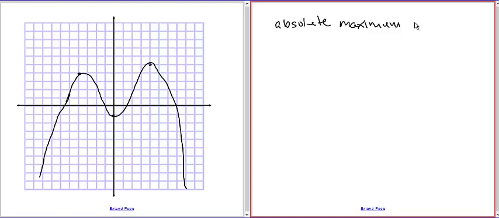The local extrema, local minimum, local maximum, those are coordinate pairs, but for the absolute, we're just going to put a number in. So the absolute are the biggest numbers that the value takes on. So here we have a local maximum, here we have another local maximum. This is the bigger of the two. So it's 1, 2, 3, 4, 5. So I'd say y equals 5 is the absolute maximum.